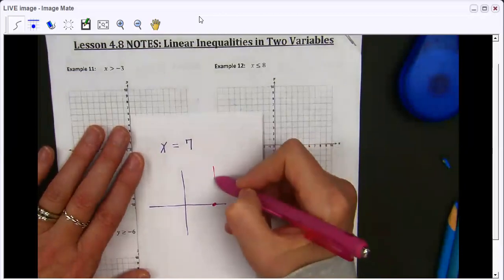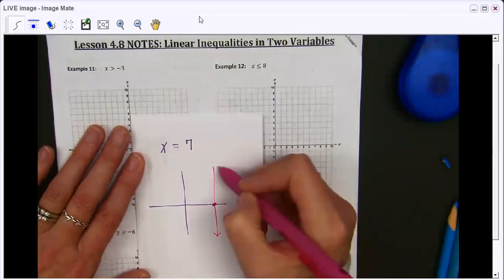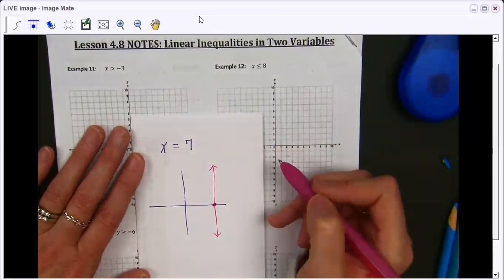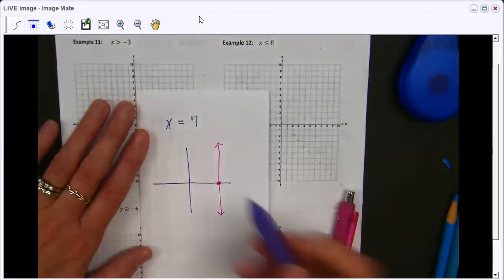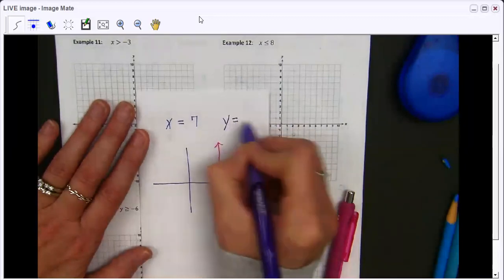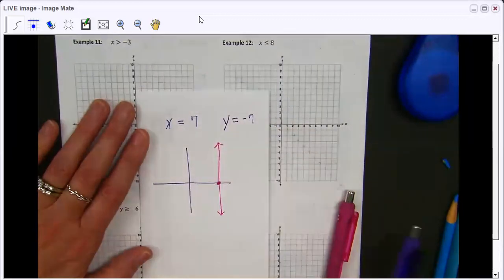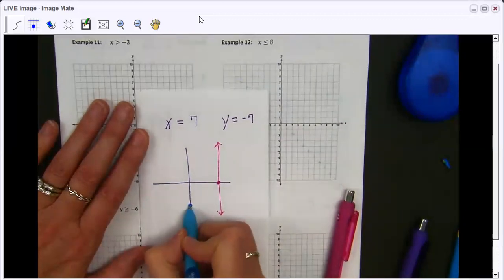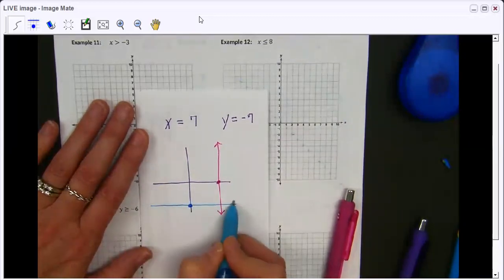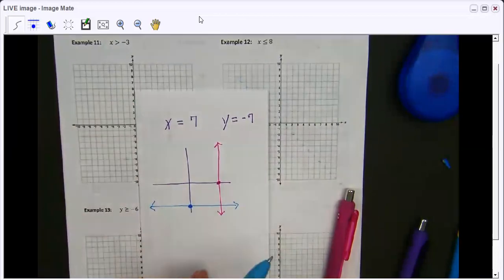And then you draw a line through it. If we had y equals -7, we would have plotted a point at -7 on the y-axis and drawn a line through it. That's what we're doing with inequalities, except now we're going to shade.